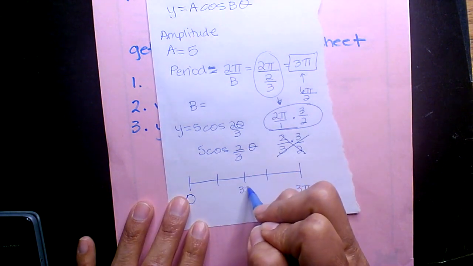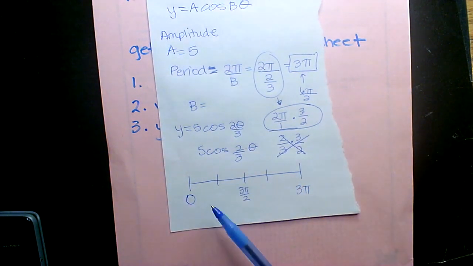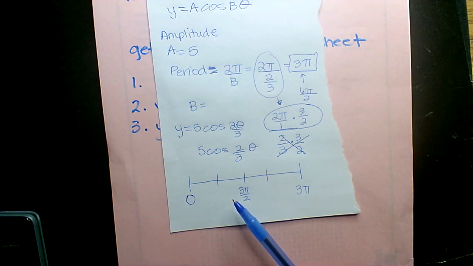And then what's this one going to be? How did you get the 3 pi over 2? What did you do to 3 pi? Half. Okay, so do that again. Oh, 3 pi over 4. Very good.